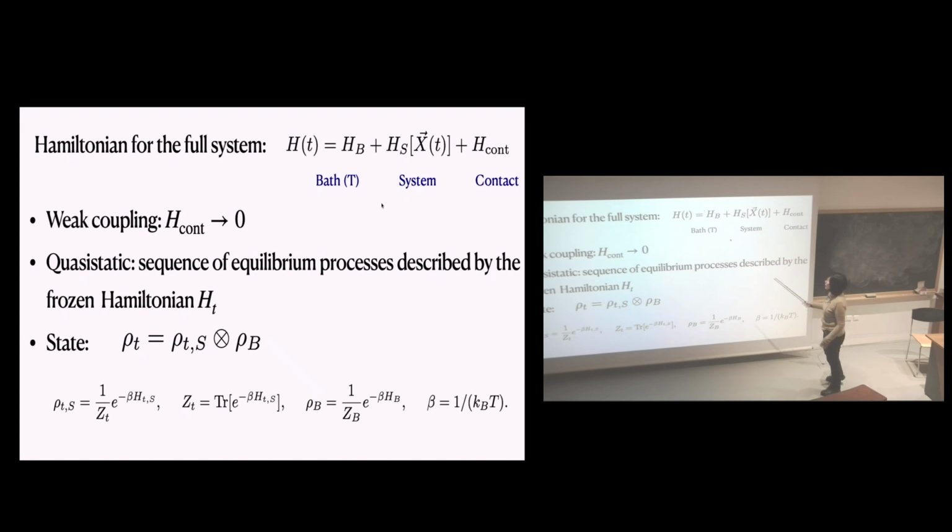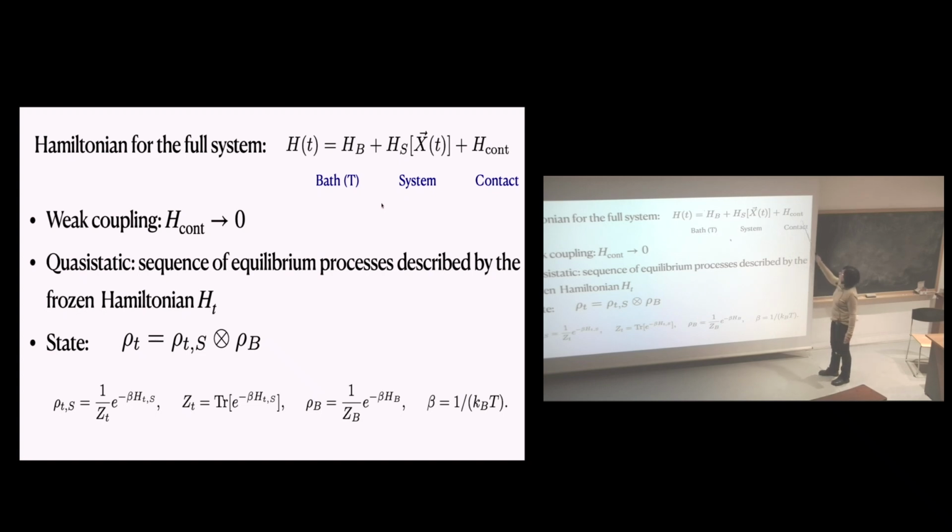So in general, we will have some Hamiltonian for this system, which will look like this. We will have some Hamiltonian for the bath, some Hamiltonian for the system, which depends on these control parameters, and here is where the time dependence comes.